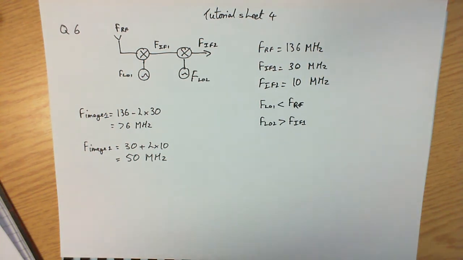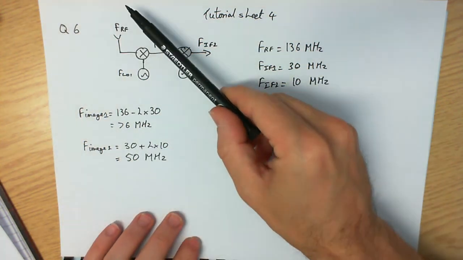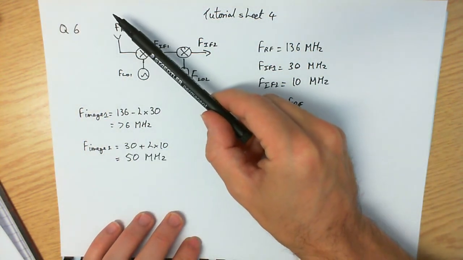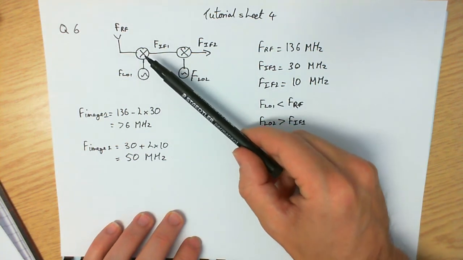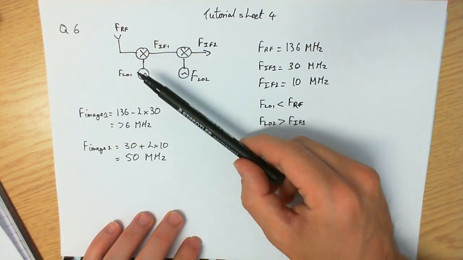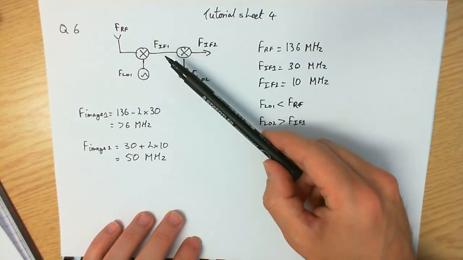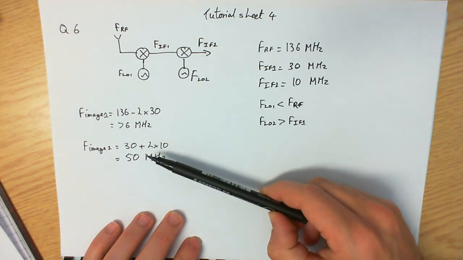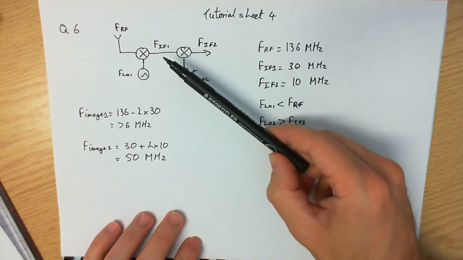The next part of the question asks what other signal frequencies will cause second IF image problems. What this means is what other signals outside on the antenna could make their way through the system to be at this second image frequency of 50 megahertz.